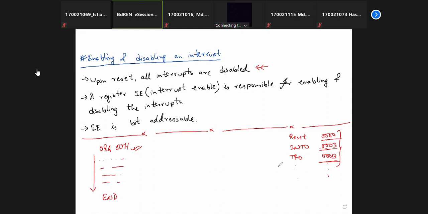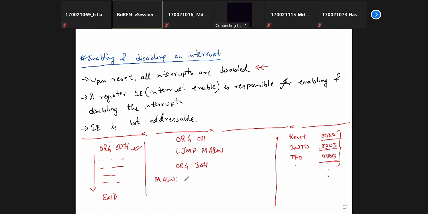So how can we bypass this thing? One simple way to bypass this is like this. You start with ORG 0H, no problem. But your first instruction will be LJMP main. You go to a safe address, say ORG 30H, and you start from here.